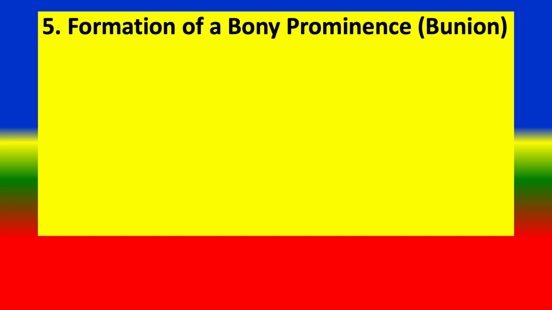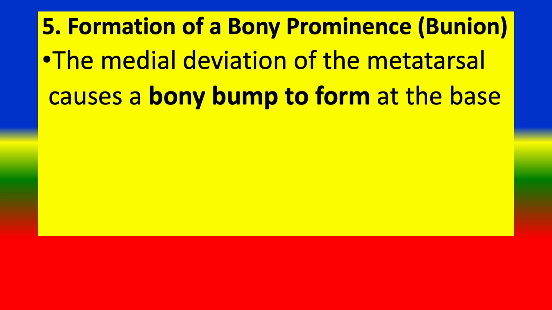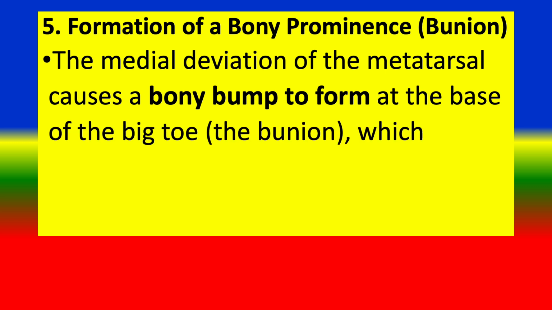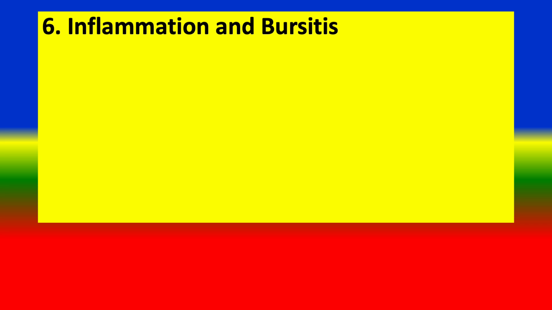5. Formation of the bony prominence, the bunion. The medial deviation of the metatarsal causes a bony bump to form at the base of the big toe, the bunion, which becomes prominent and often inflamed. 6.